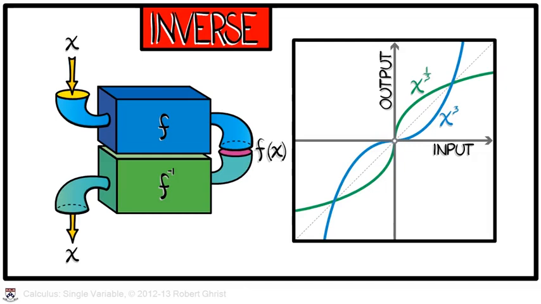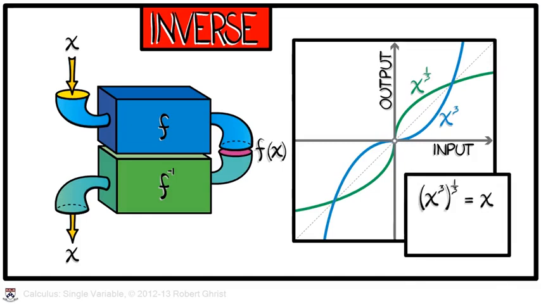Or geometrically, we are flipping the graph of this function along the diagonal line, where the input and the output are equal. Of course, we can also think in terms of what the inverse has to satisfy. If we do x cubed and then take its cube root, we get x. Or the other way around, if we take the cube root of x and cube it, we get x.